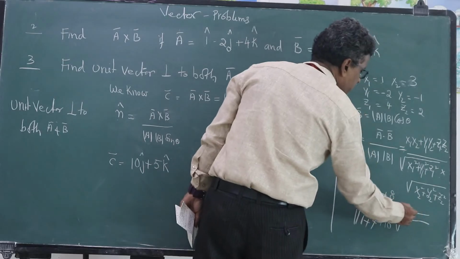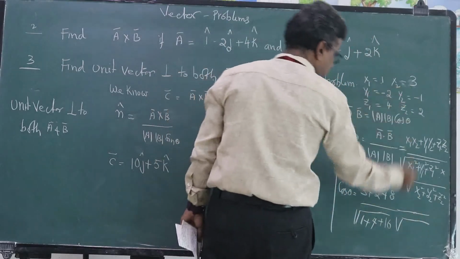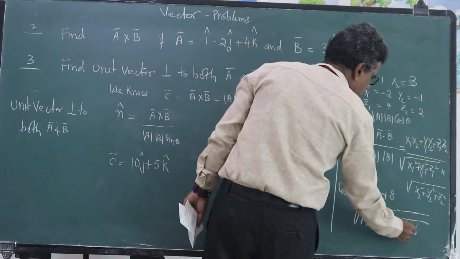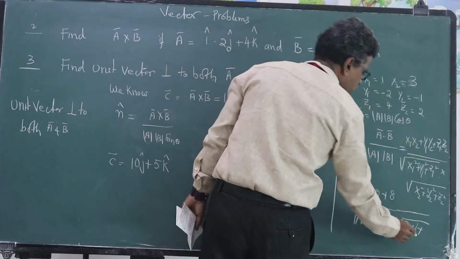Mod B is x2 square 3 square 9, plus -1 square 1, plus 2 square 4.